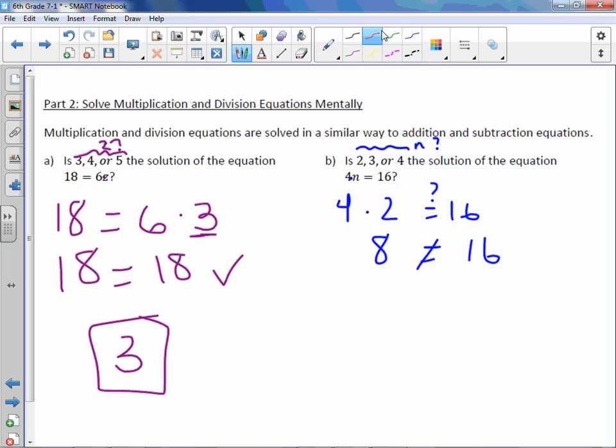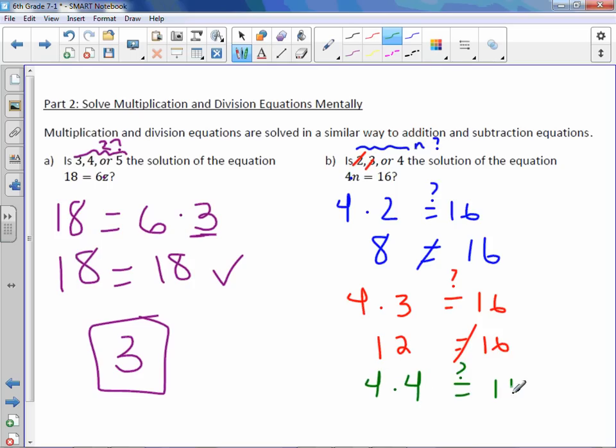Let's try 3. 4 times 3 equals 16. 4 times 3 is 12. 12 does not equal 16. And the last one. Let's just double check here. 4 times 4 equals 16. Well, 4 times 4 is 16. So our solution is 4 because that's the number I plugged in.